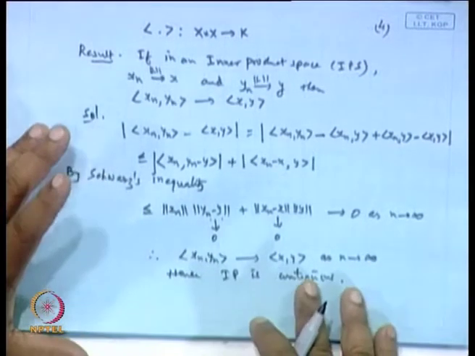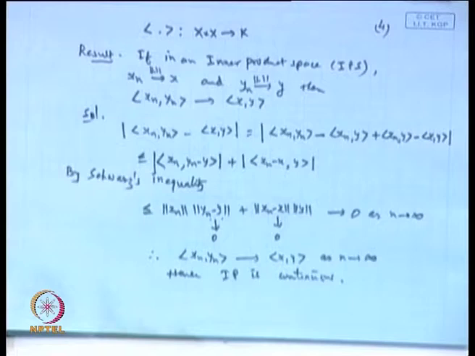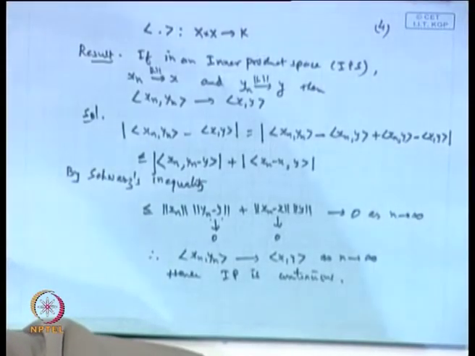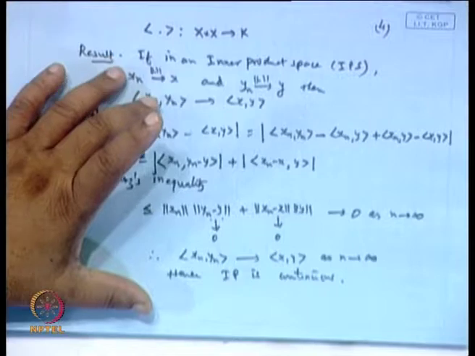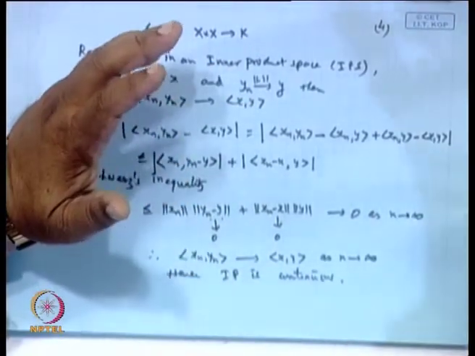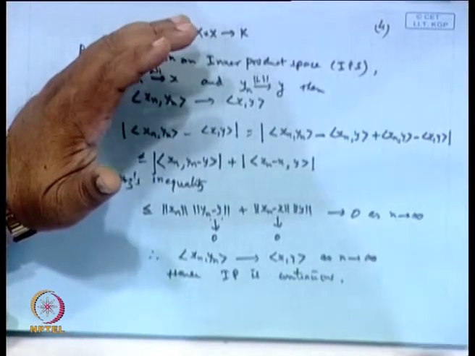Now, this gives an application: this lemma helps you in establishing that every inner product space can be made complete. That is, if we take a Cauchy sequence in this inner product space and the Cauchy sequence is convergent, then we say it is a complete space. So, with the help of this result, one can say that every inner product space can be made complete, just like the completion of a normed space we have seen.